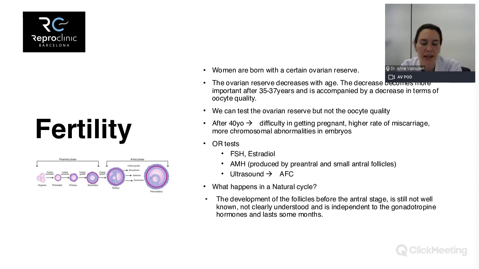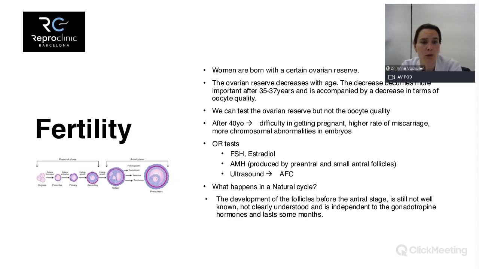We can test the ovarian reserve, the total amount of reserve, but we cannot test the egg quality. There's no test to see it. What we do know is that after 40 years old, there's a difficulty in getting pregnant, a higher rate of miscarriages and more chromosomal abnormalities in embryos. We do know that, and this is related to age.